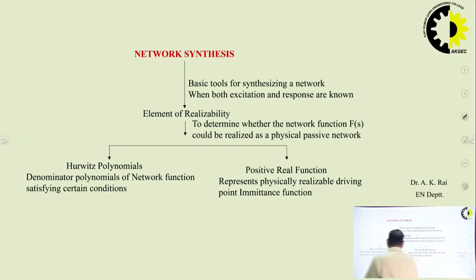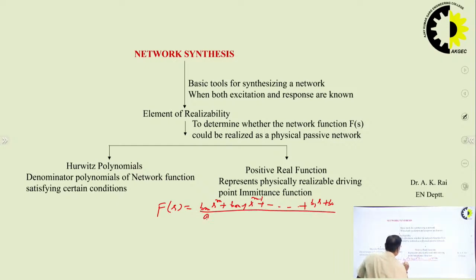If you remember a network function, say this is F(s), it is Bm s to the power m plus Bm minus 1 s to the power m minus 1 plus ... plus B1 s plus B0, over the denominator polynomial An s to the power n plus An minus 1 s to the power n minus 1 plus ... plus A1 s plus A0.